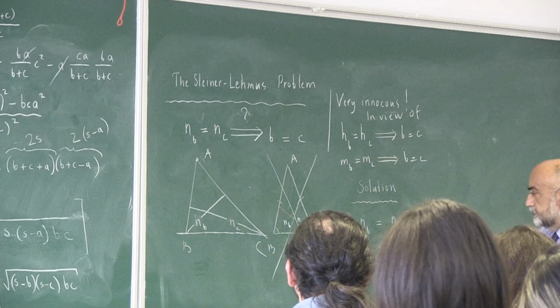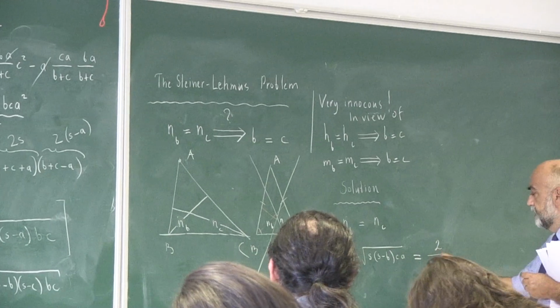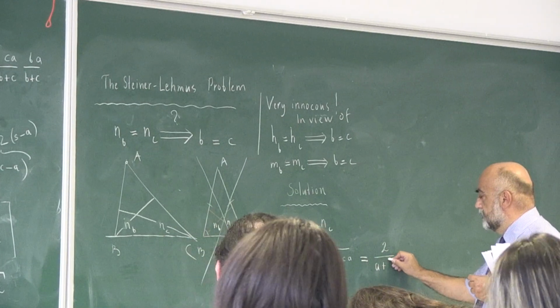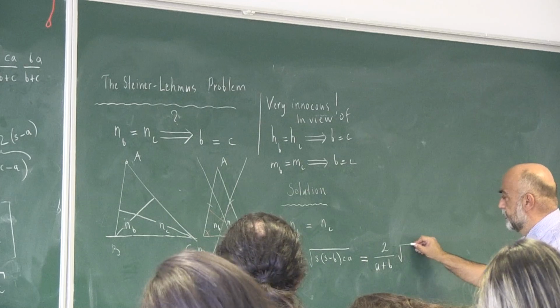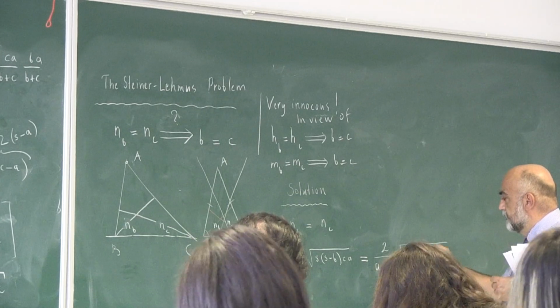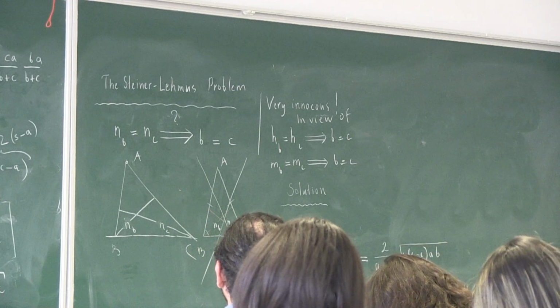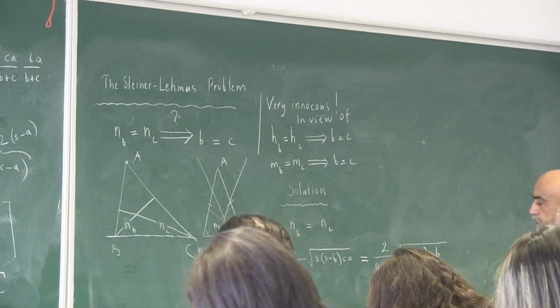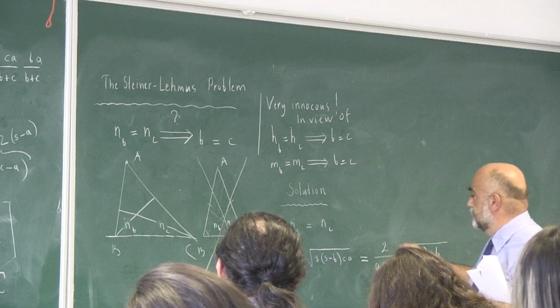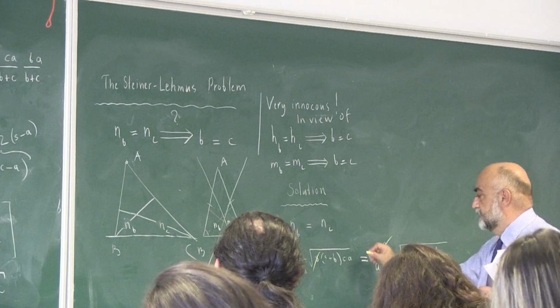Equals, and C, 2, I move everything cyclically, A plus B, square root of S minus C, A, B. Well, immediately, of course, you can strike out the 2's, S's, and A's.